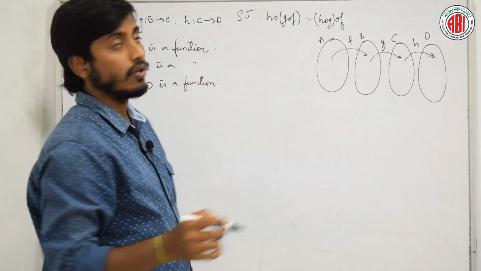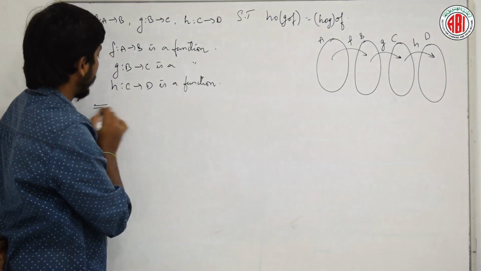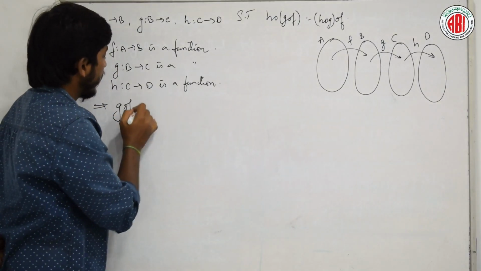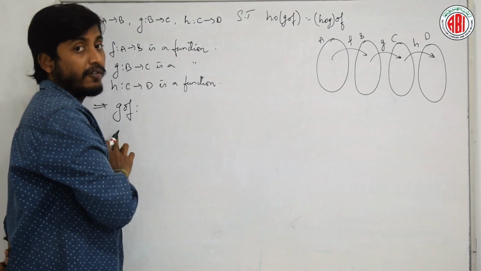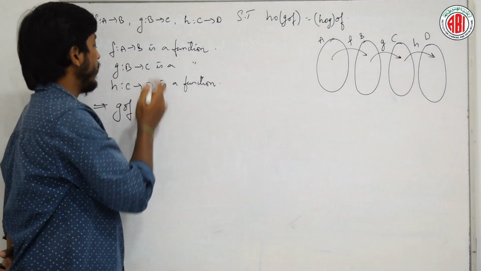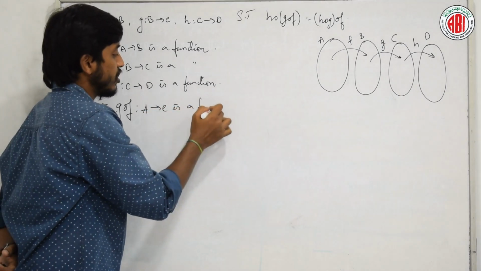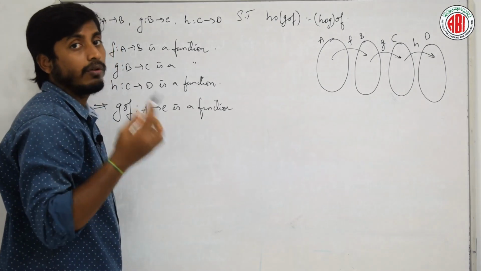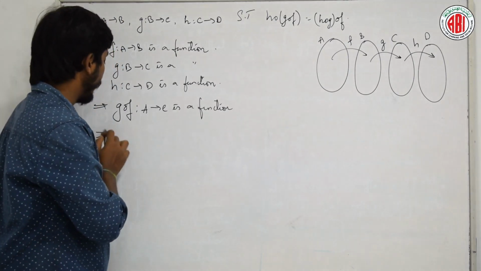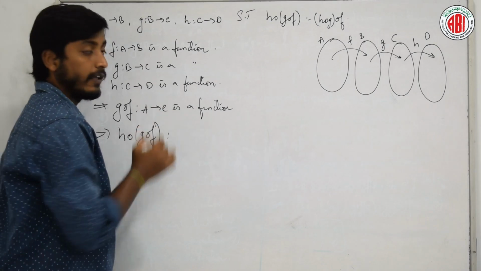Isn't it? So let us write this g circle f. The route starts from f to g, that is A to B, B to C. Therefore A to C is a function. Is it clear?